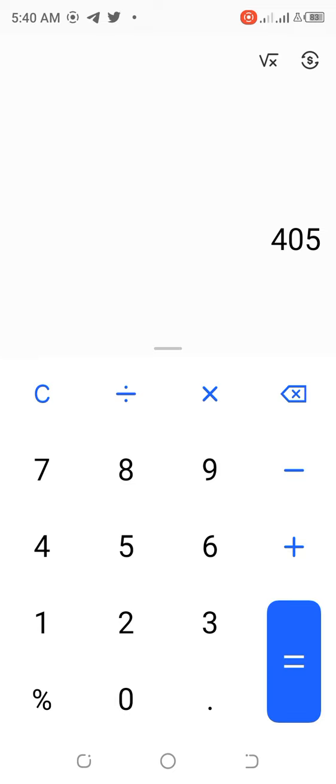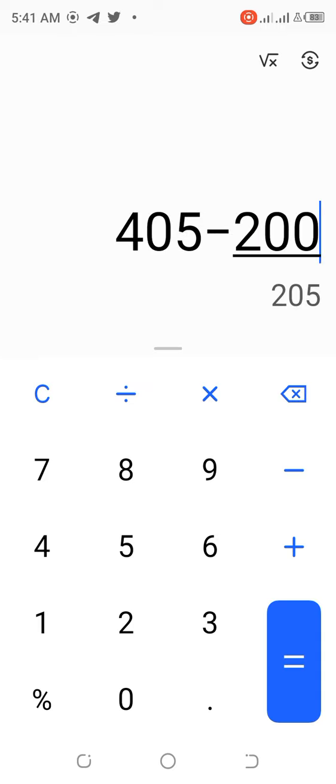On the 10th of this month, they had 2 numbers win. So calculate how much you are taking. If you are still staking 1 cedi, meaning you are taking 200 cedis. So when you minus 200 from this, you still have 205 cedis debt. In fact, you still lost 205 cedis.